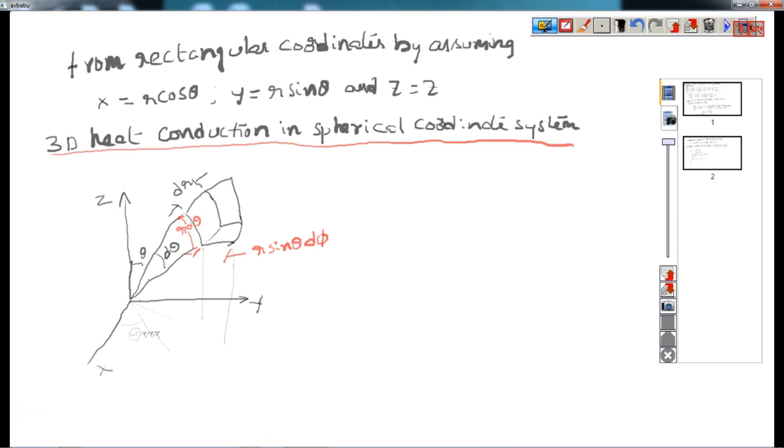Sorry, this is phi, and this is d phi, and now this has been projected like this to get the r sin theta d phi.